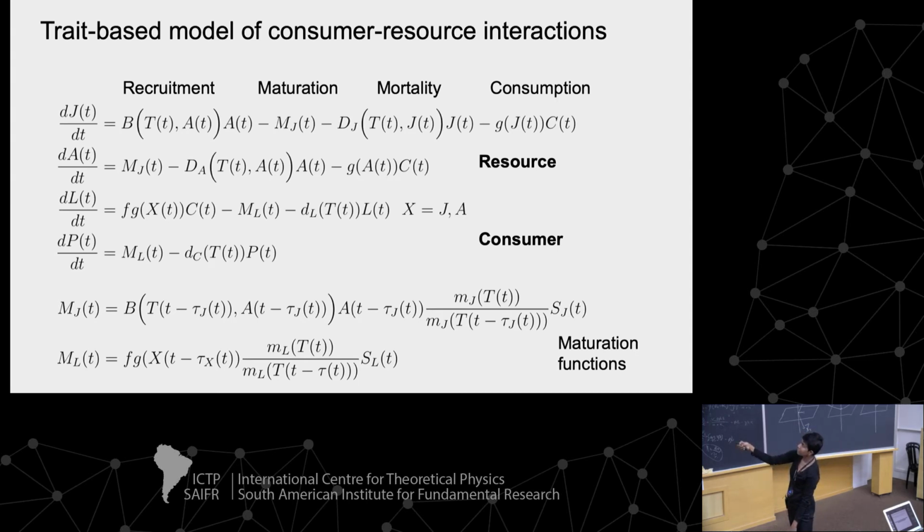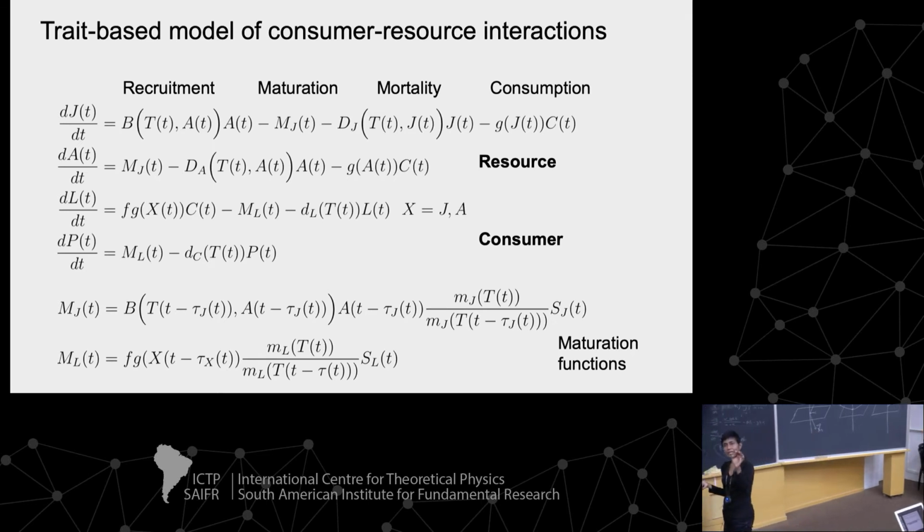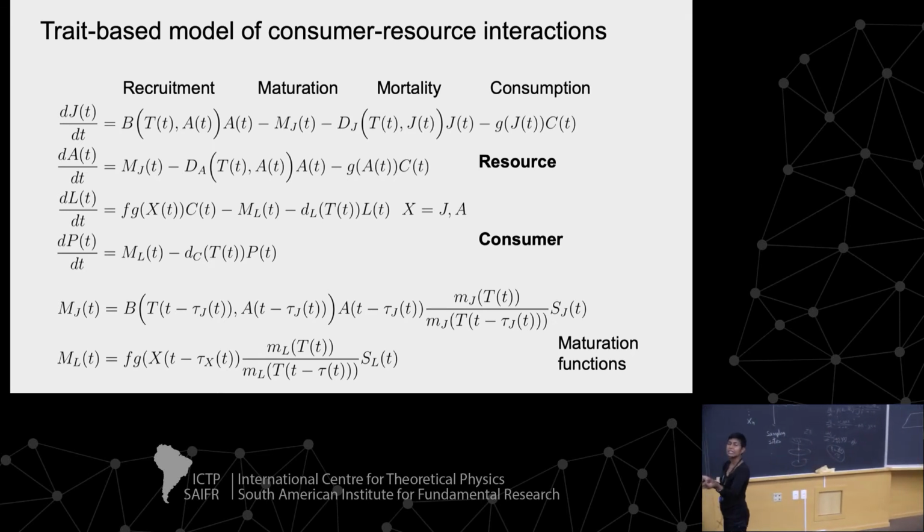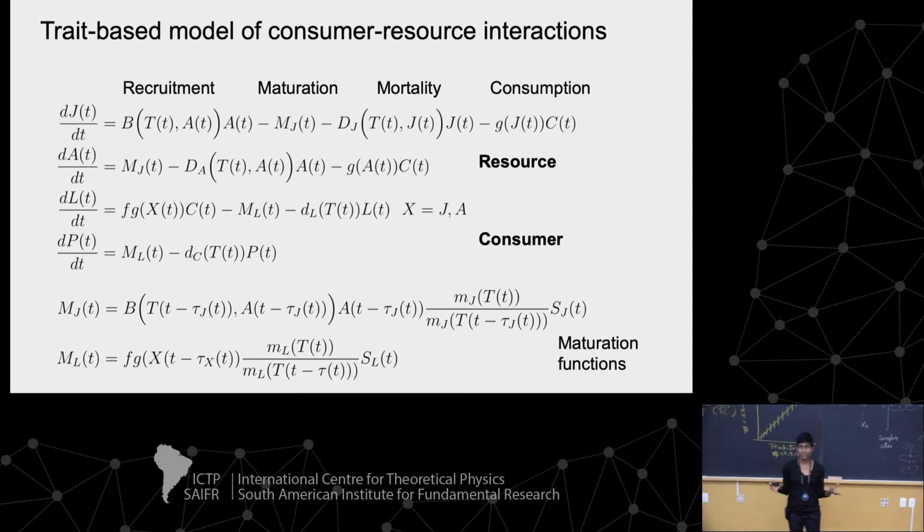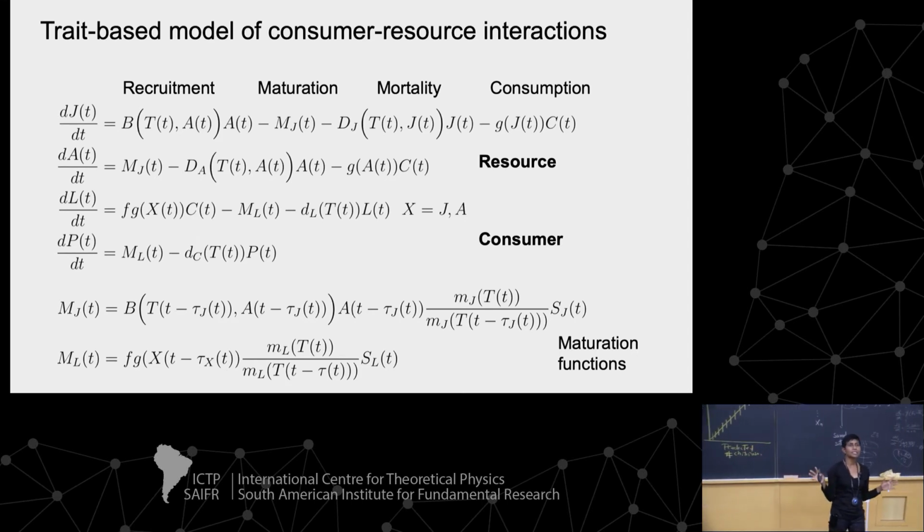Losses occur through maturation and mortality. Now these M functions are the maturation functions that incorporate the effects of temperature and time on the developmental delay. These functions are crucial in predicting the effects of climate warming on these consumer resource interactions.